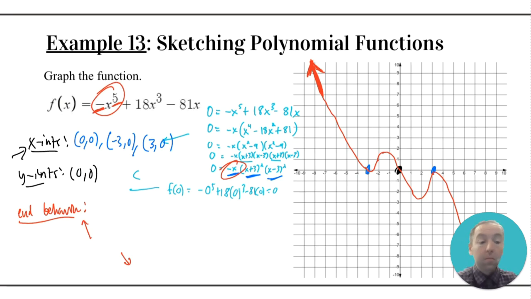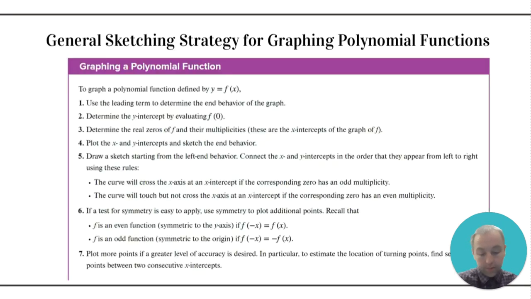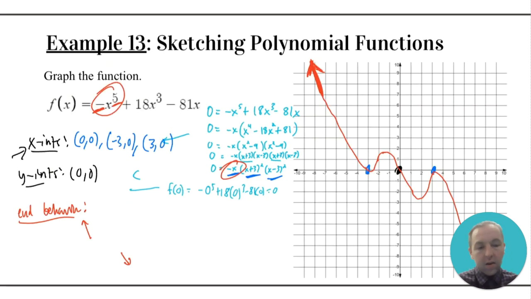We have a continuous graph, we know where the x-intercepts are, the y-intercept, and the end behavior. Could we figure out more, like talking about evenness and oddness and plugging in some points for more accuracy? Yes, but honestly this is good enough. We have a general idea of what the polynomial function is going to look like.